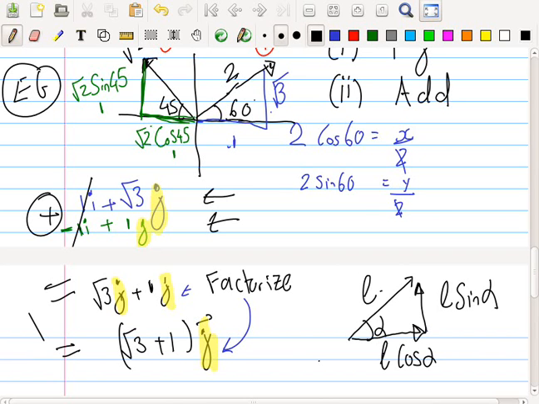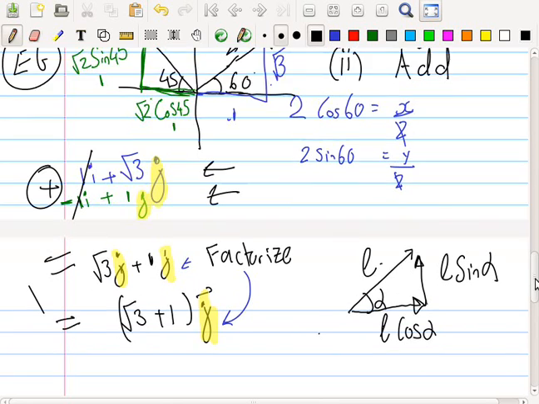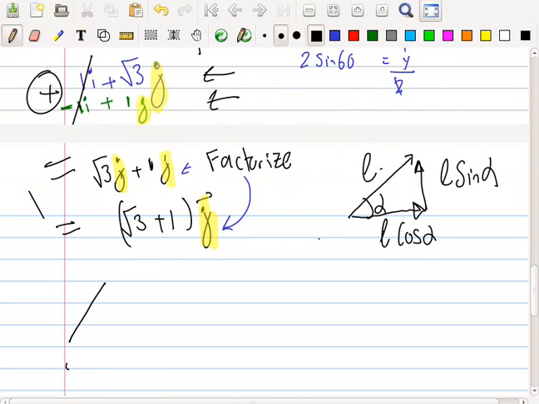What word are we looking for? Slope. And how can you calculate slope? If I give you a triangle here, and let's say this is x and this is y, what's the slope of this triangle? y over x.